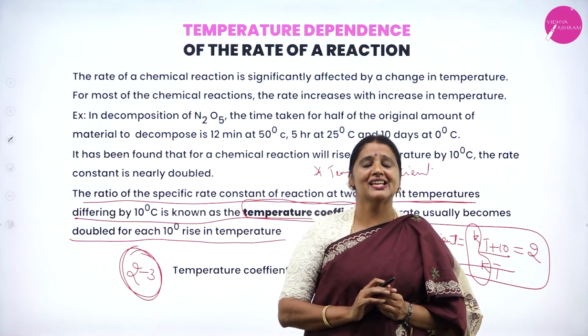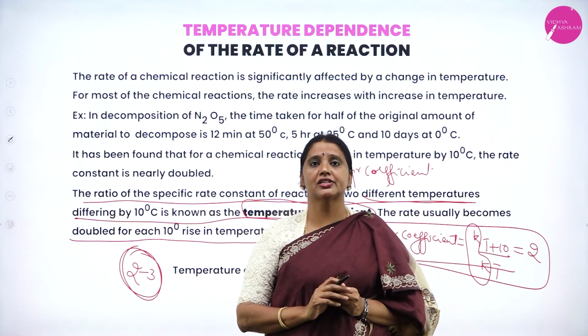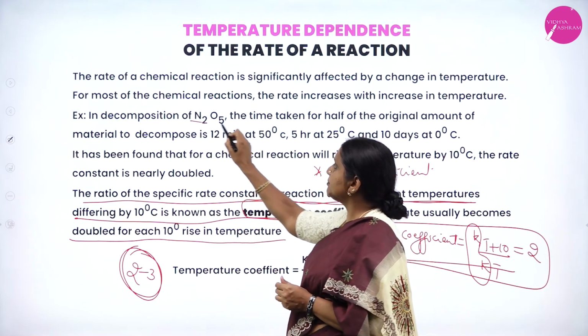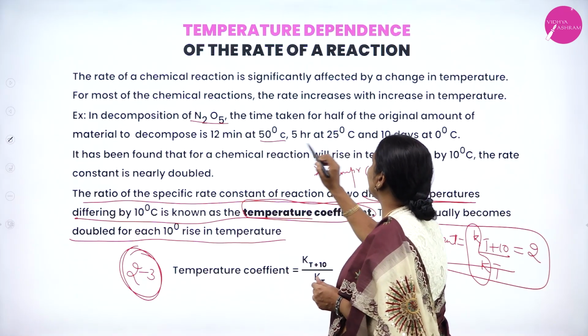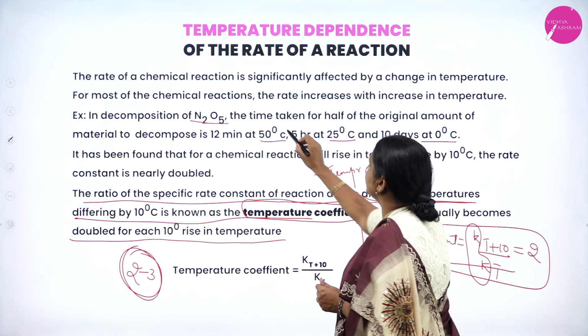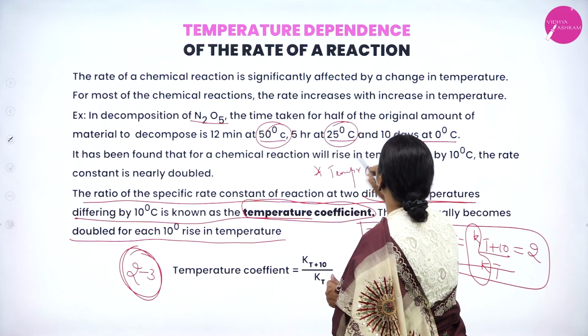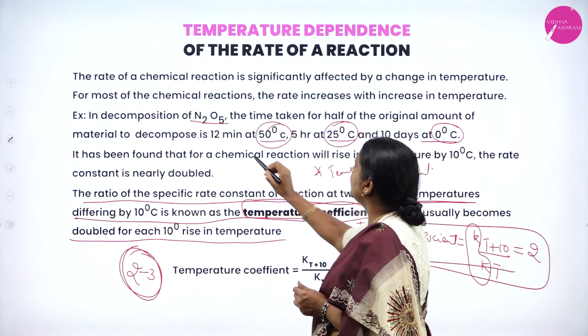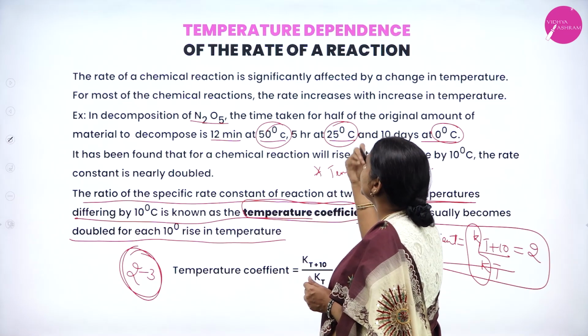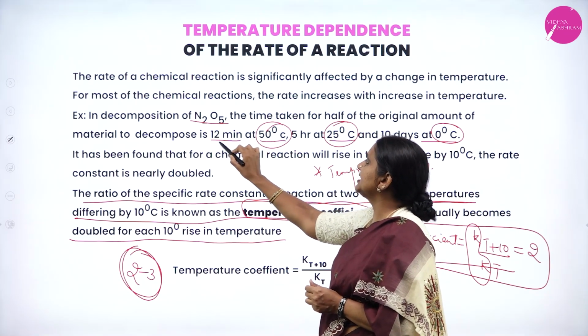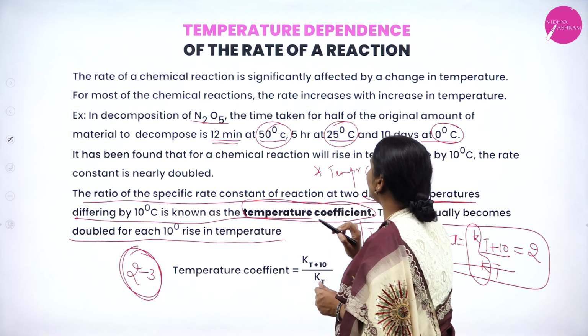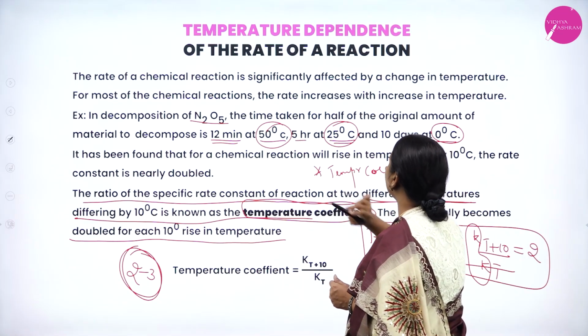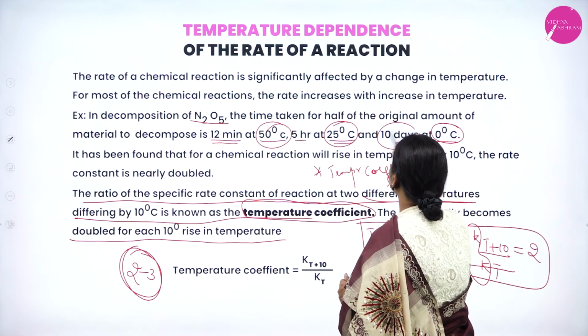Therefore, what is the effect of temperature on the rate of the reaction? From this example, the decomposition of N2O5: as we decrease the temperature from 50 degrees to 25 degrees centigrade to 0 degrees centigrade, the time taken also increases. At 50 degrees centigrade, the reaction completes in 12 minutes, at 25 degrees it takes 5 hours, and at 0 degrees it takes 10 days.